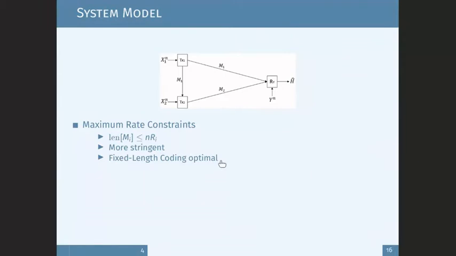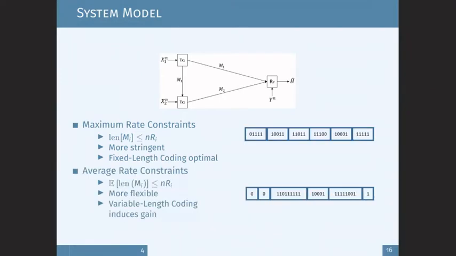Before going into the results, we also have to see some practical intuition behind our work. Actually, we have two constraints to consider: either the maximum rate constraint or the average rate constraint. And what is the main difference? In the maximum rate constraint, the length of these transmitted messages is usually upper bounded by a maximum constraint.